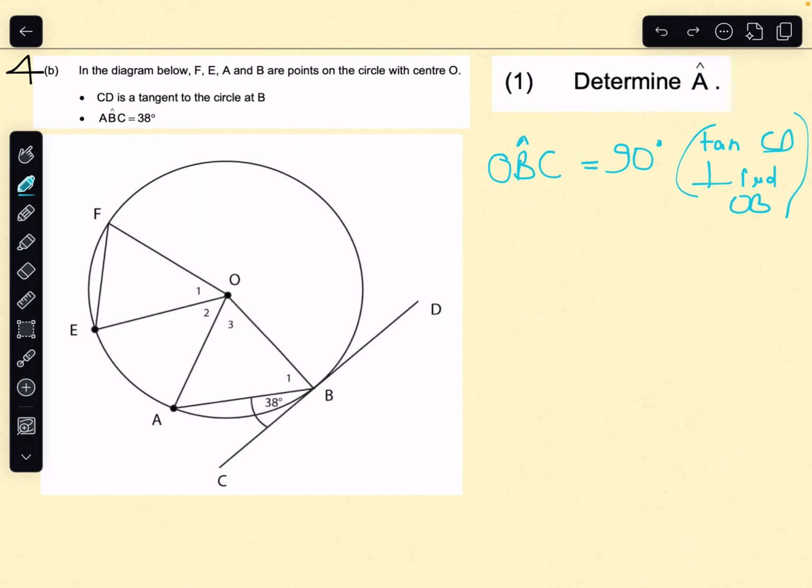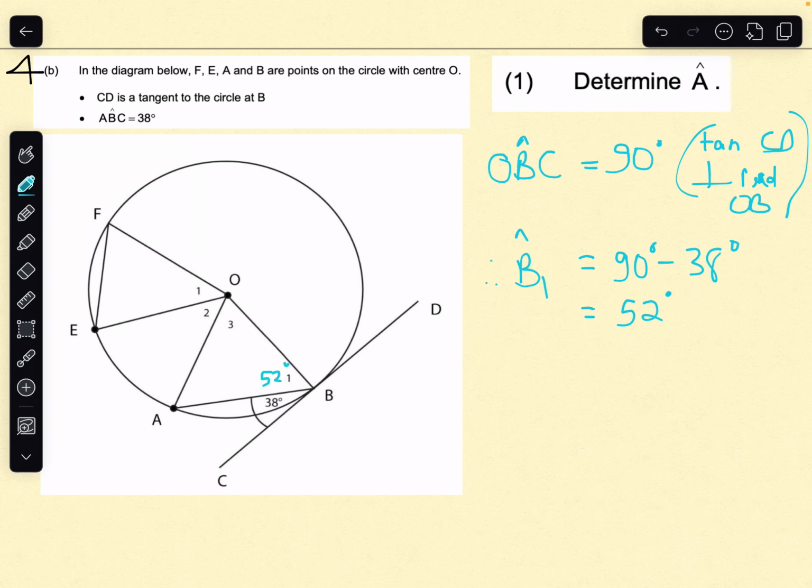Right, and so therefore angle B1 is going to be 90 degrees minus 38 degrees, which is 52 degrees, right? So just going to scribble that on there.